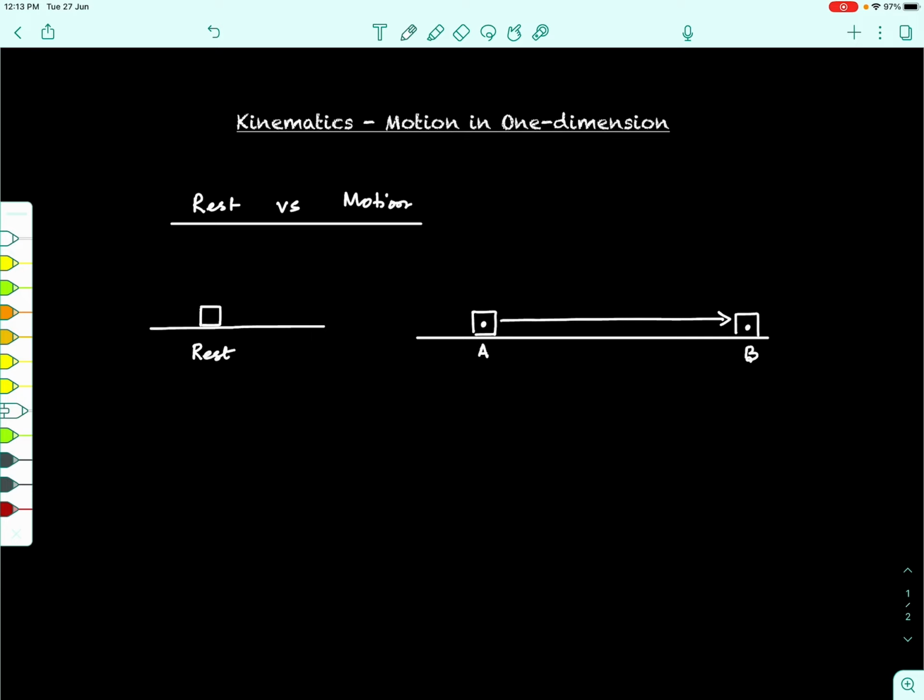Once we understand this, we go next into understanding the difference between what we call the distance travelled by a body versus its displacement. Distance travelled versus displacement.